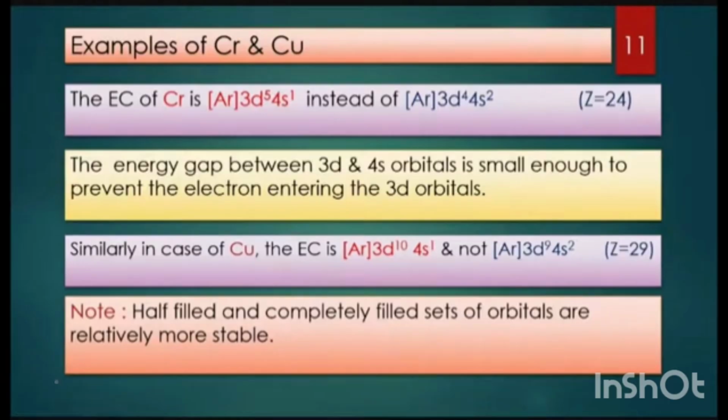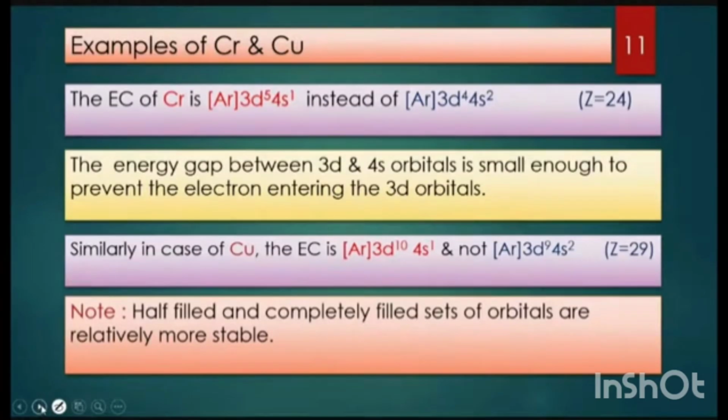That is why in case of chromium, in order to obtain stability, one electron is shifted from 4s orbital to the 3d orbital so as to obtain the electronic configuration argon core 3d5 4s1, where the 3d orbital is half filled. That is why chromium is more stable.